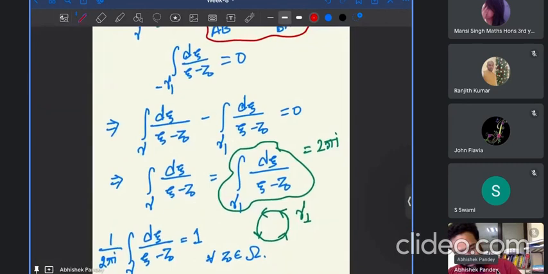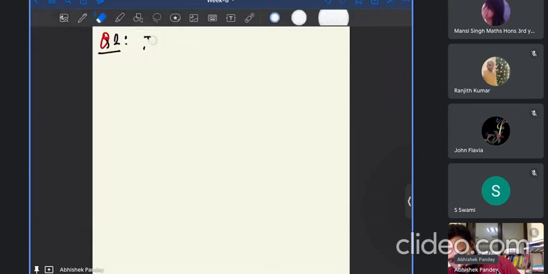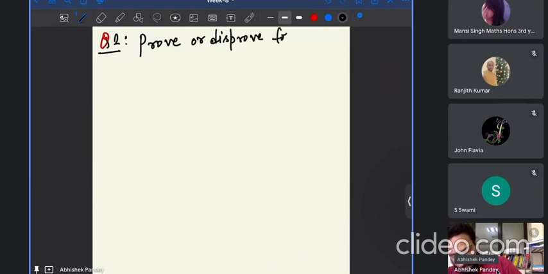Let us see the next question. Prove or disprove the following statements.